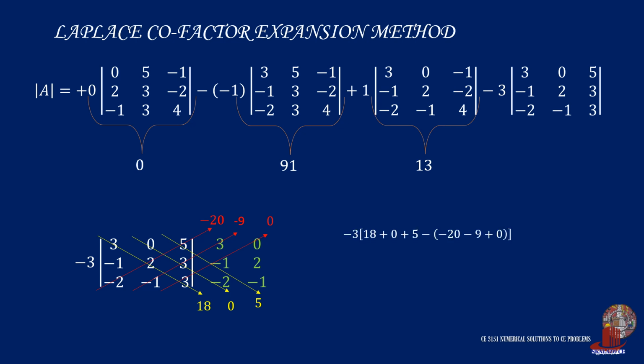So the fourth term has -3 times the quantity of 18 plus 0 plus 5 minus -20 minus 9 plus 0, simplified into -3 times 52, or that is -156. The determinant of A from these terms is taken from 0 plus 91 plus 13 minus 156, giving -52, just the same.